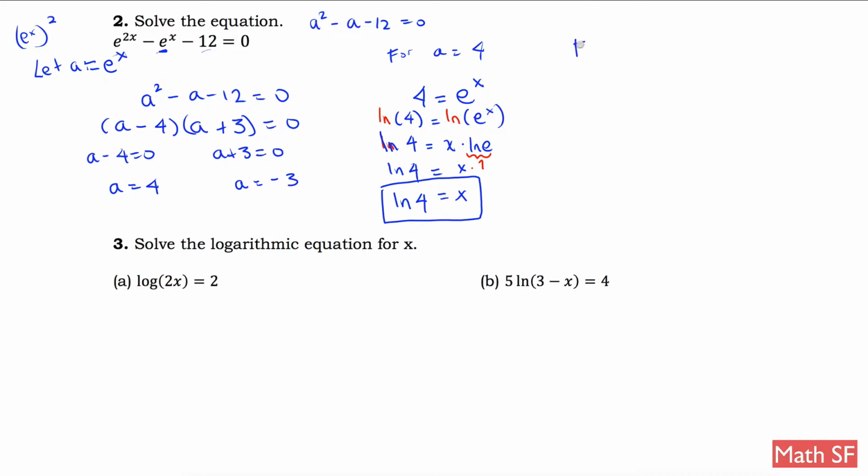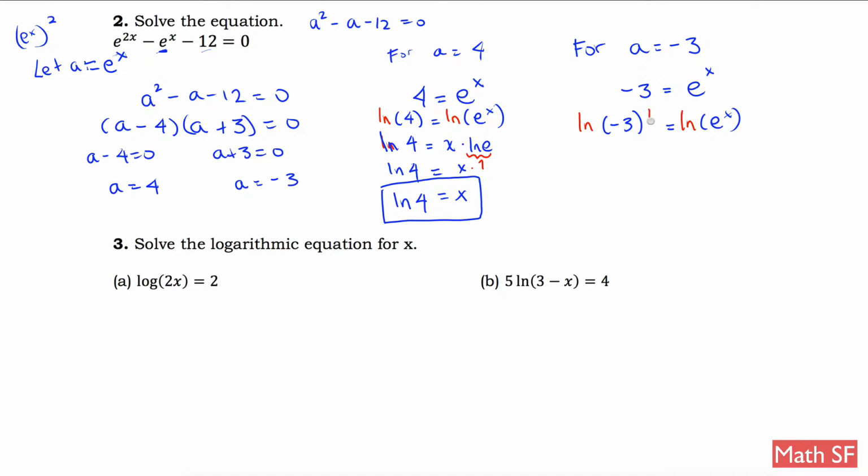Now for a equals negative 3, we're going to have negative 3 equals e to the x. Now I'm going to have to apply the natural log to each side, so I'm going to have ln in this case here as well.